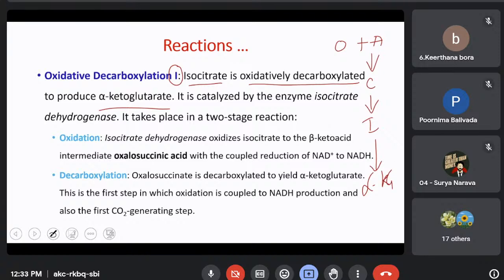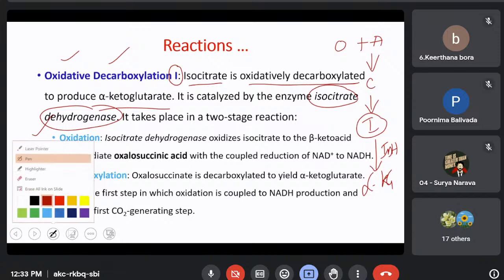And this reaction is an oxidative decarboxylation, catalyzed by an enzyme called isocitrate dehydrogenase, because the substrate is isocitric acid and it is a dehydrogenase enzyme. Hence, it is called isocitrate dehydrogenase. So, isocitrate dehydrogenase converts isocitric acid to alpha ketoglutarate.